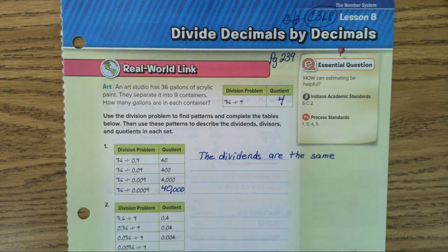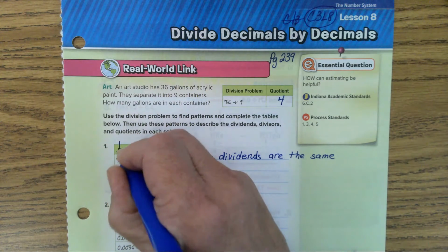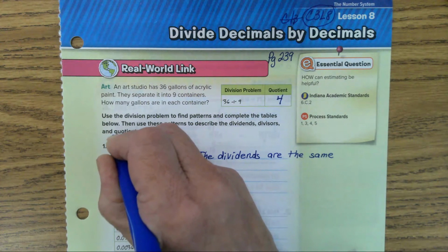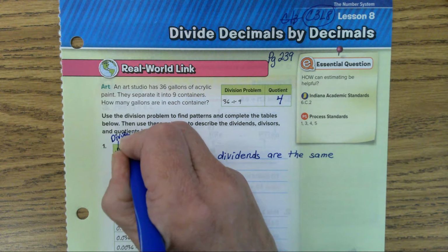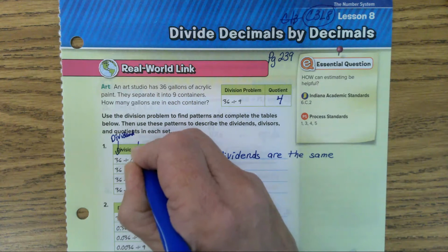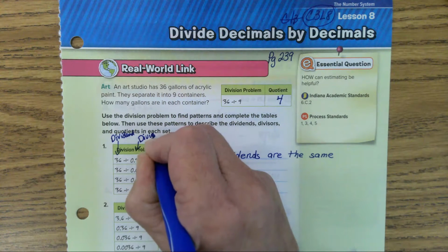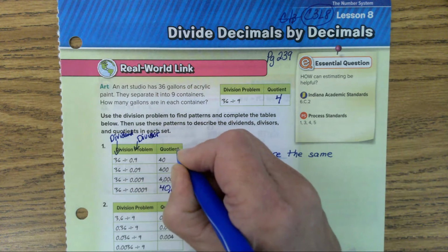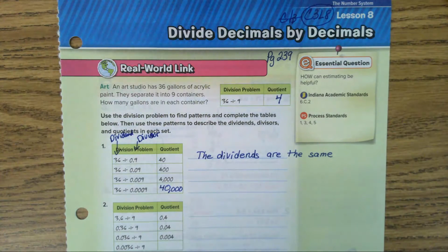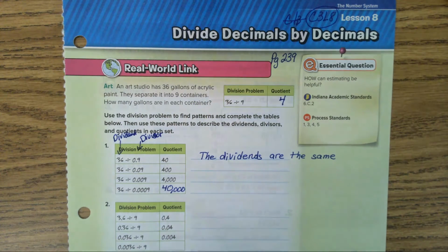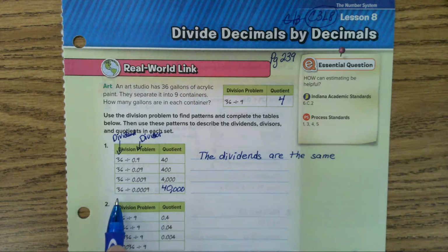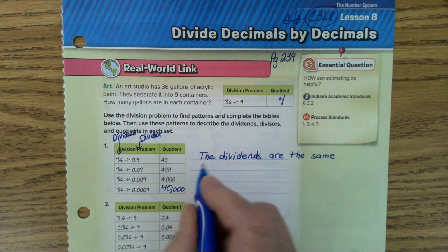In the division problem, 36 is your dividend. This is your divisor. And then the answer is the quotient. So the dividends are the same. It's always 36.